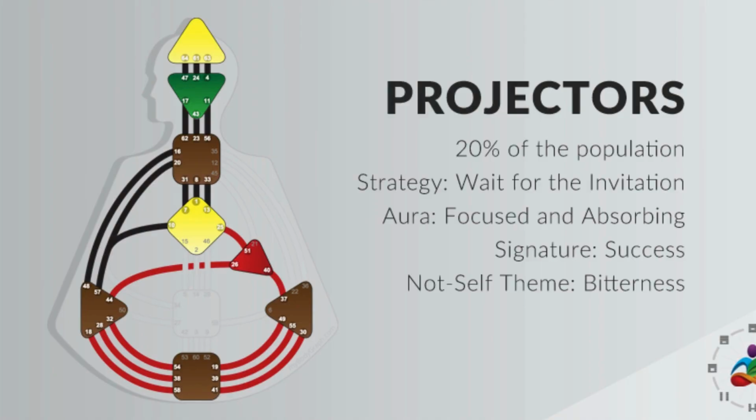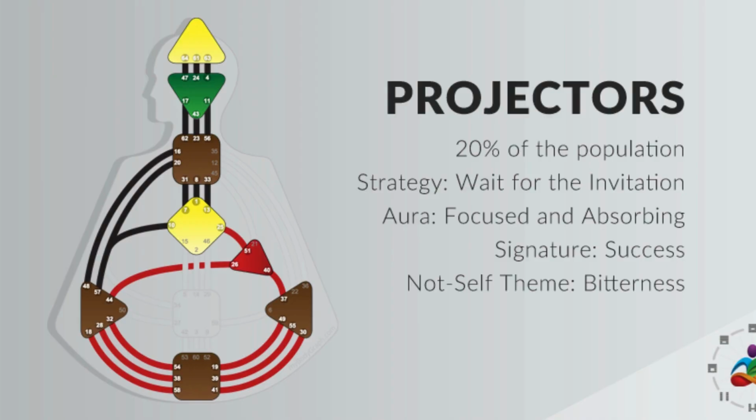Projectors, strategy to wait for the invitation. Projectors are non-energy types and make up roughly 23% of the population. Unlike manifestors and generators, projectors do not have consistent and reliable energy for working or manifesting.